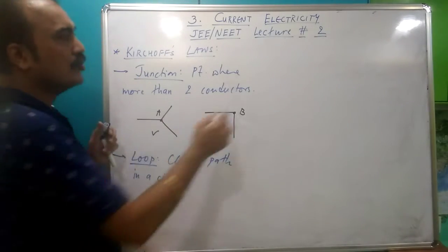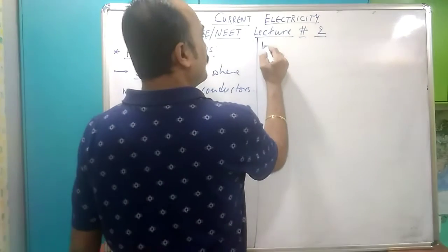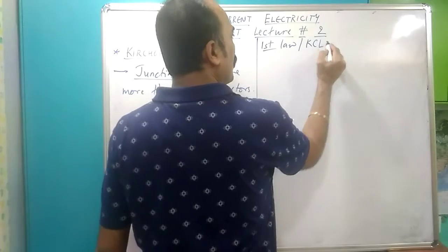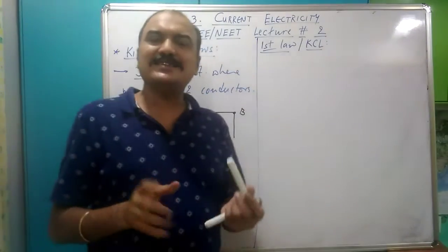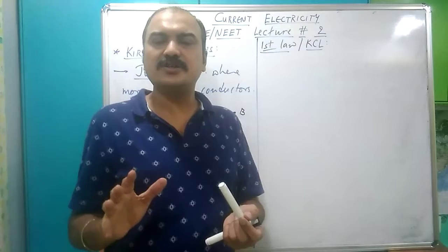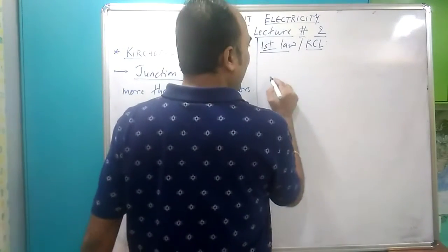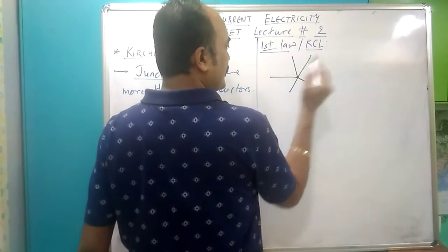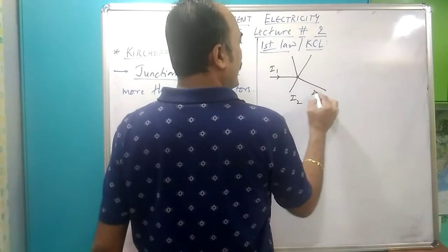Now in order to use the two laws, we have to first know them. The first law, or they call it Kirchhoff's current law, I call it KCL. You can also call it junction law. It states that the total current entering the junction is equal to the total current leaving the junction. So if I had 5 conductors, this is I1, this would be I2, I3.